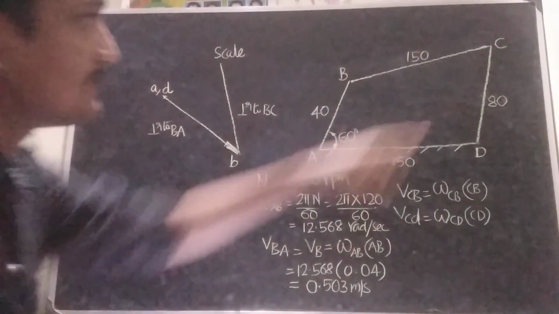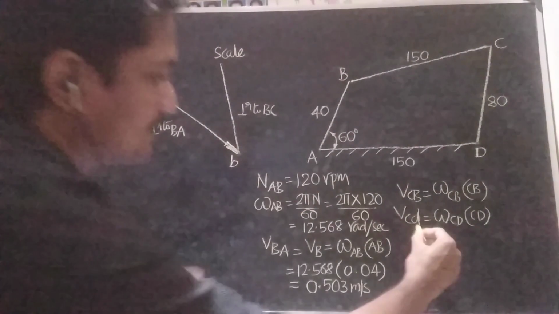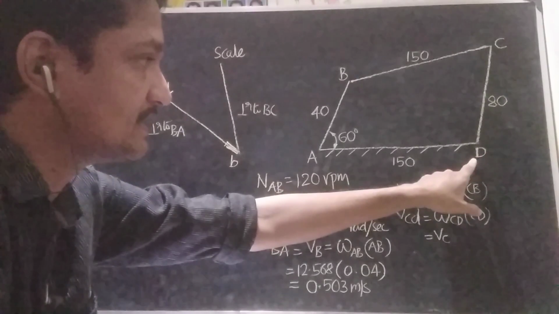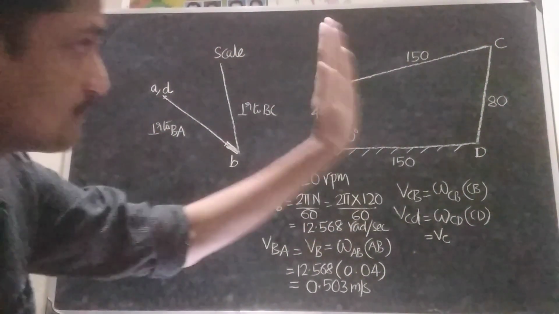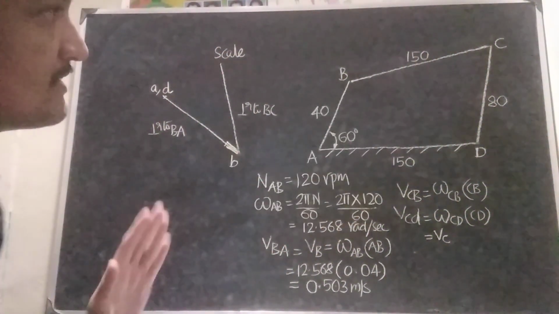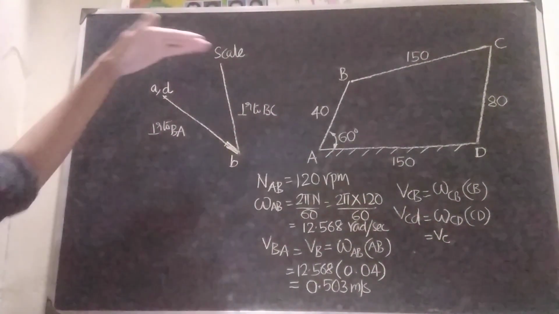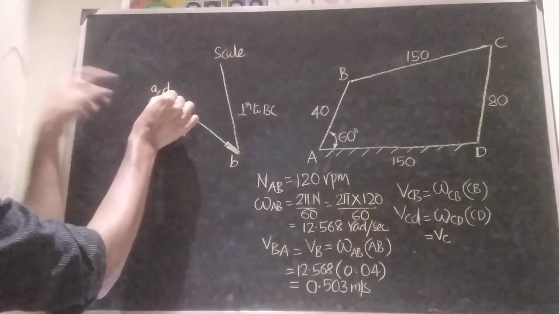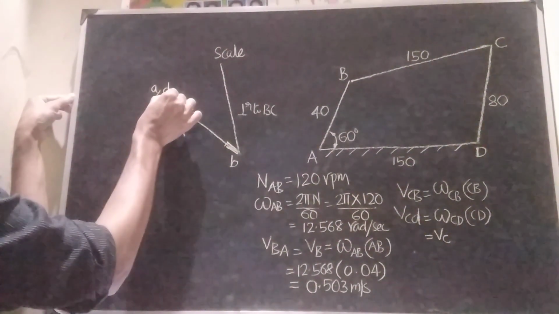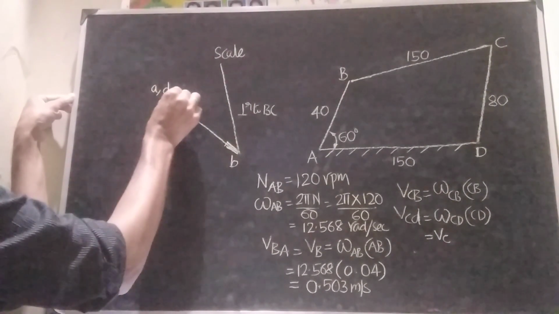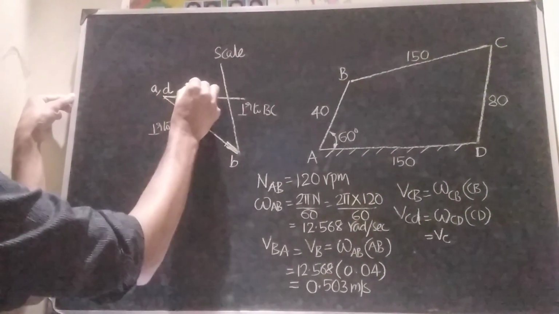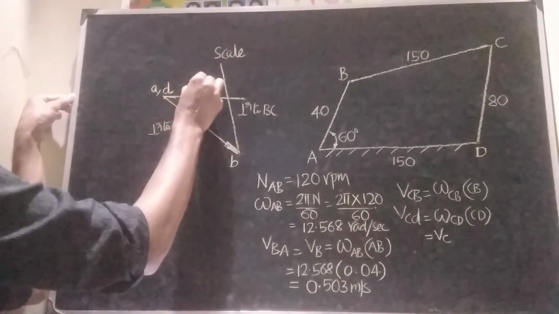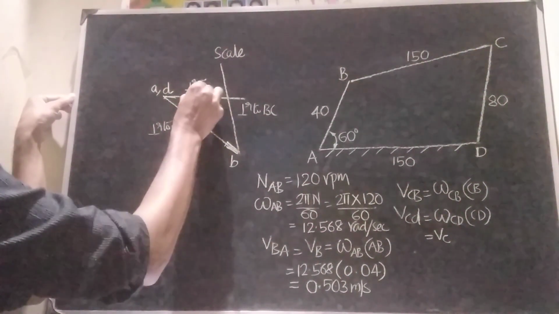Once again, this velocity of C with respect to D is the absolute velocity of C, because this point D is a fixed point, and that velocity must be perpendicular to that particular link and also passing through this point D. Then we can draw the line of action of velocity of C with respect to D, perpendicular to CD.